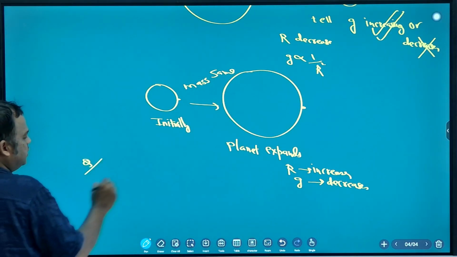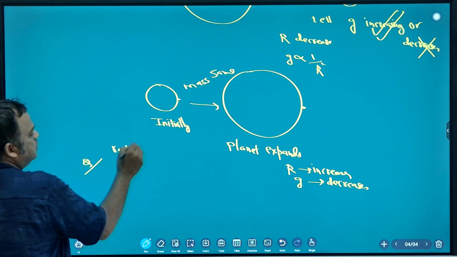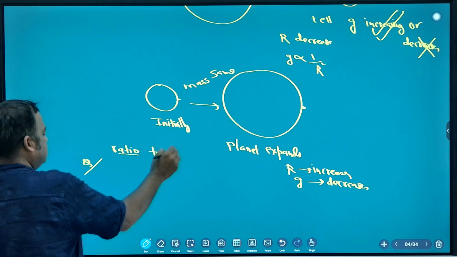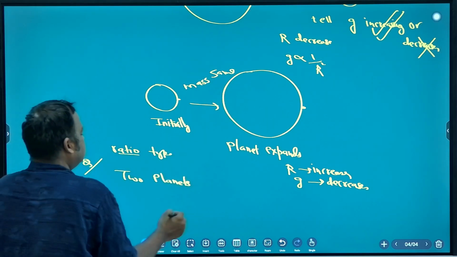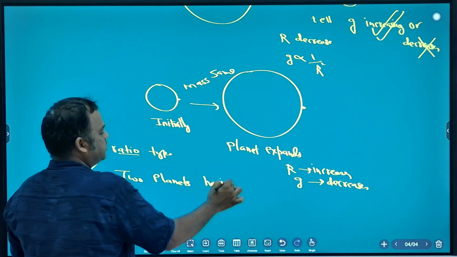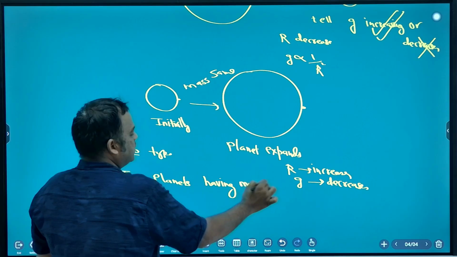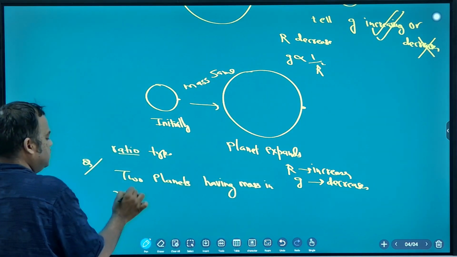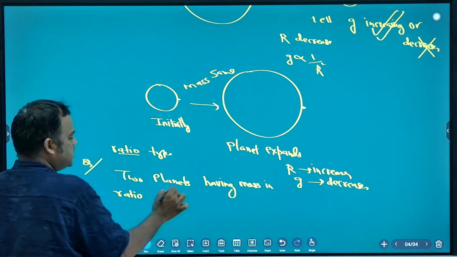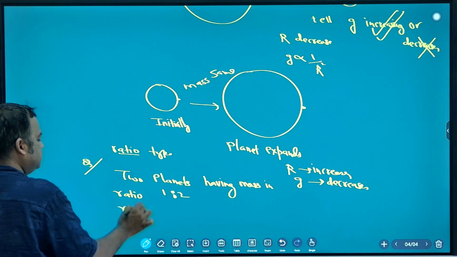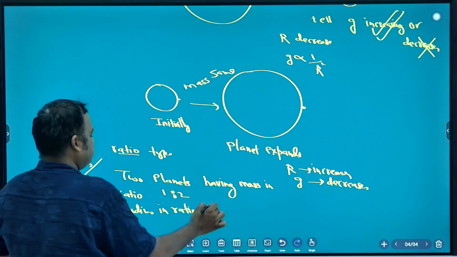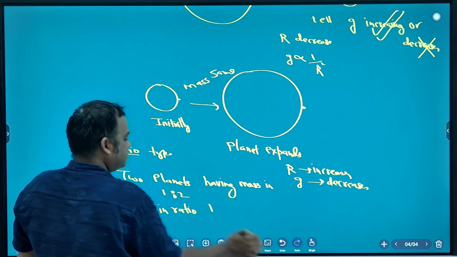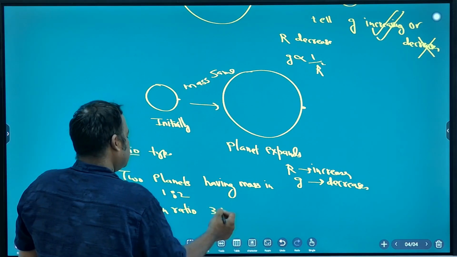Now you solve this question, a ratio type question. Two planets having mass in ratio 1:2, radius in ratio 3:2.